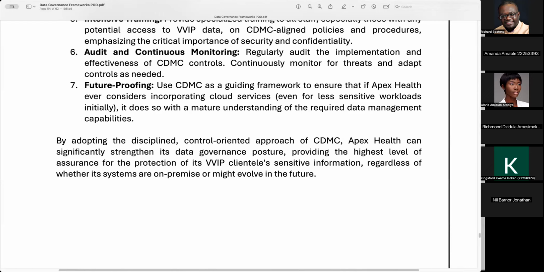We saw repeatedly how the specific context, the industry, healthcare, specific operating regulations, Ghana's Act 843, the organizational culture, the strategic goals, and most critically, the incredibly sensitive nature of the data itself, VVIP information with national implications, didn't just influence which framework might be a good starting point, but drastically shaped how any chosen framework's principles and components would need to be tailored, prioritized, and implemented.